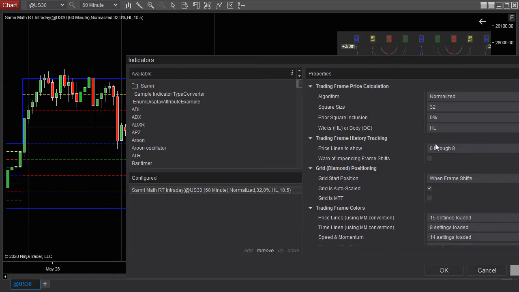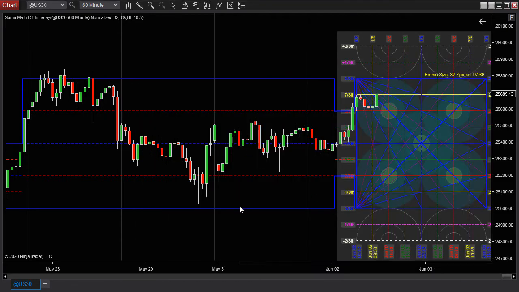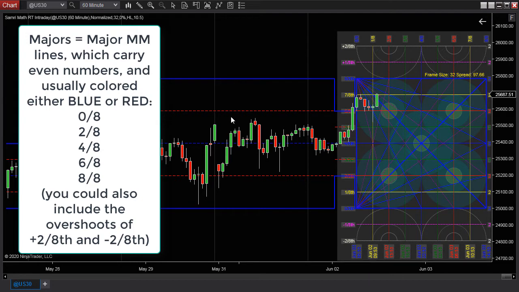Again, one more option. Majors. The majors are the even lines. The 0, 2, 4, 6 and 8. We've taken out the 7, the 5, the 3, and the 1, and we've taken out the outliers, the overshoot areas at the top and at the bottom of the trading frame. We're just looking at the main lines.